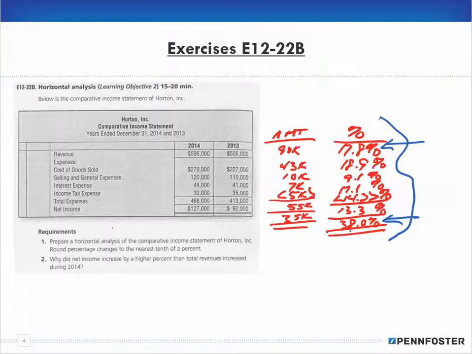The reason our net income increased more than our revenue is because our total expenses were less than our revenues, as a percentage.